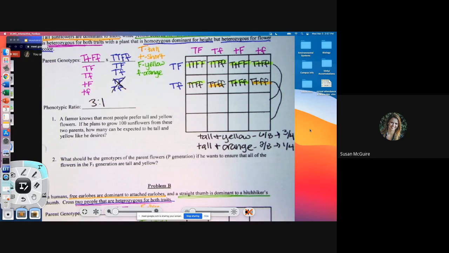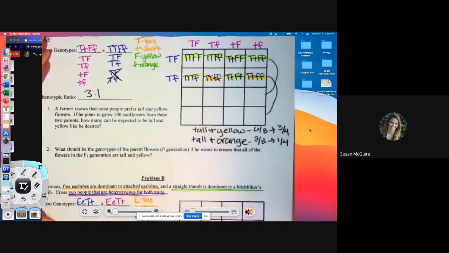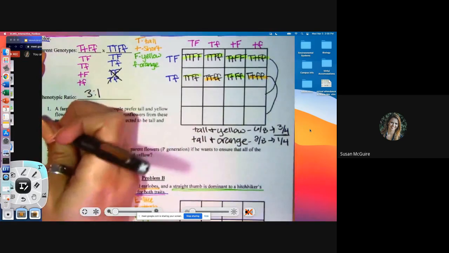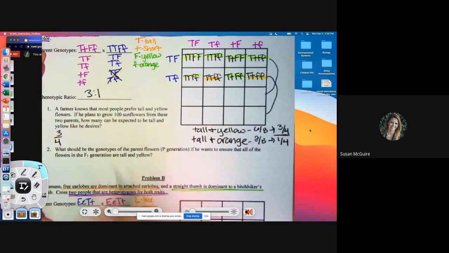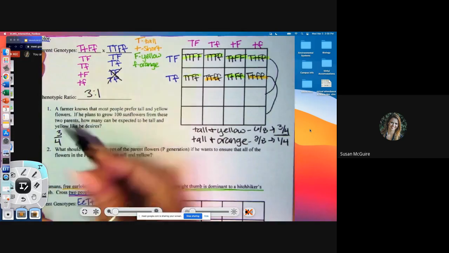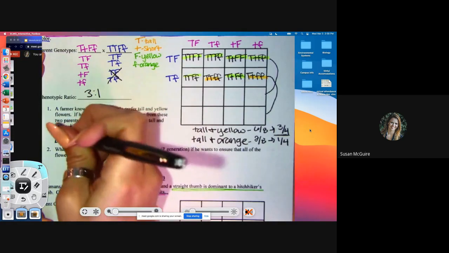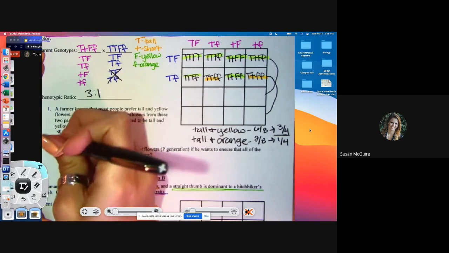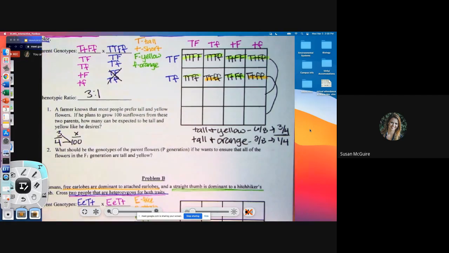Don't know. So for me personally, how I would do this is I would use this fraction right here for tall and yellow. So 3/4 equals x over 100. So then you cross multiply and divide. Have y'all done that in math? Yeah, like in 5th grade.